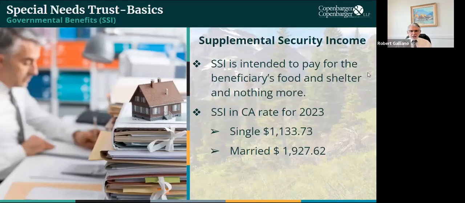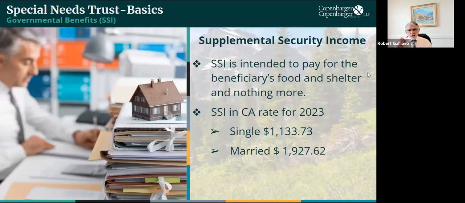Supplemental security income. This is where it gets interesting. SSI is intended to pay for two items only, and they are the beneficiary's food and lodging, nothing more.